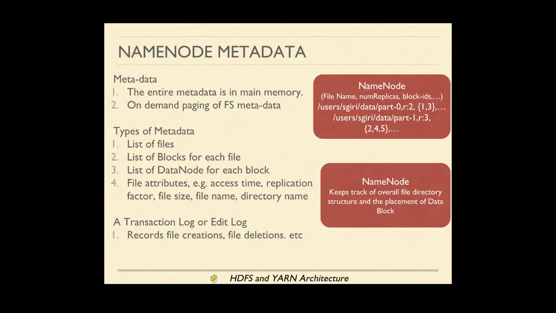This file is present in these block IDs, and so on. All of this information is called metadata. There is on-demand paging of the file system metadata in the form of two files. One is called edit log, the other is called image.